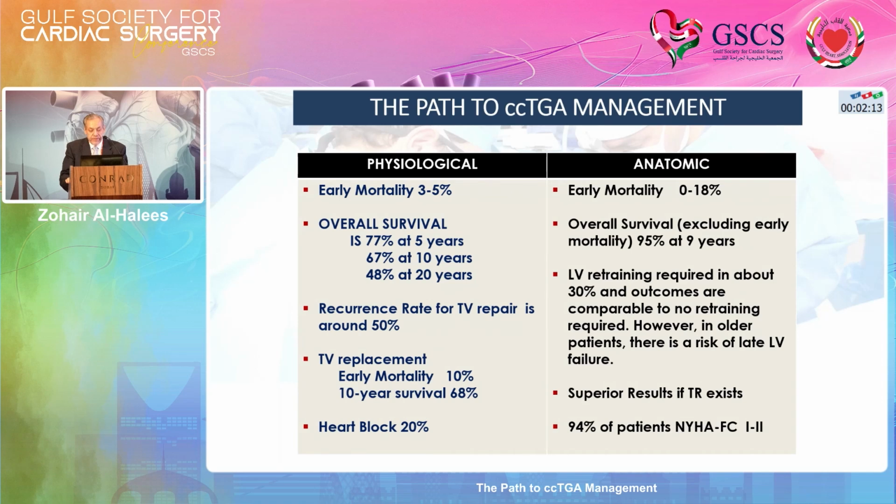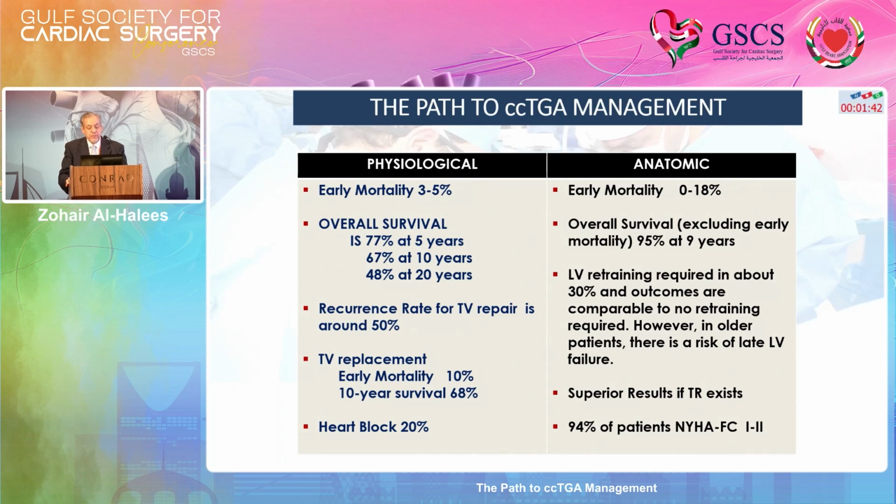Now, if you look at the difference between the physiological and the anatomic repair, early mortality is variable, but very comparable. Overall survival is less in the physiological repair. Recurrence of tricuspid valve regurgitation is very high in the physiologic repair. On the anatomic side, the tricuspid valve becomes again subpulmonary, and the amount of tricuspid valve regurgitation is not as important.